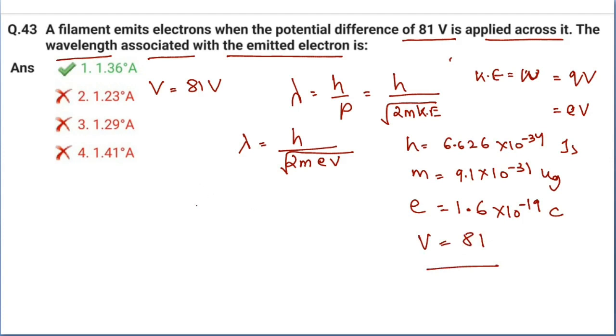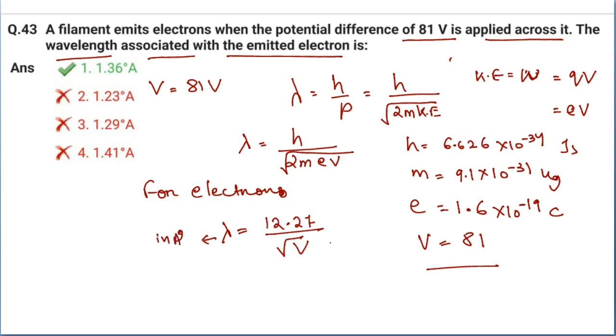But there is also a formula: for an electron only, lambda is given as 12.27 by under root V, with lambda in angstrom.